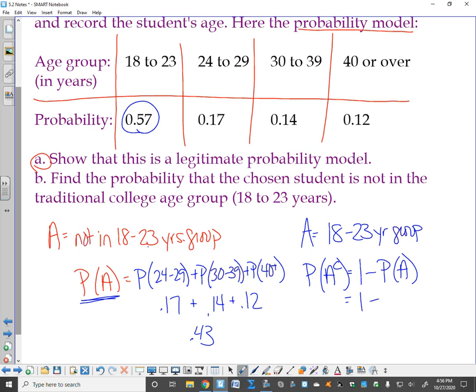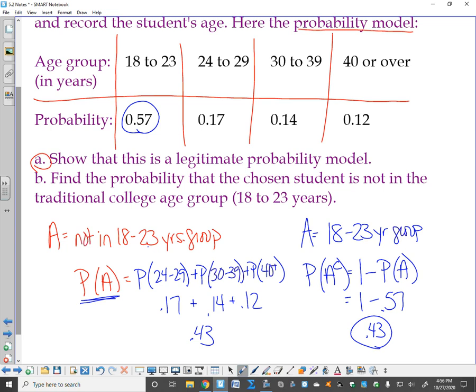So 1 minus the 18 to 23 is 1 minus 0.57, which is 0.43. Now, I'm not going to ask you which way was simpler. You do it whichever way makes sense to your brain. Just remember, if it's multiple choice, the answers could be the setups. So just make sure you're comfortable with both. But you can choose which one you want to write.